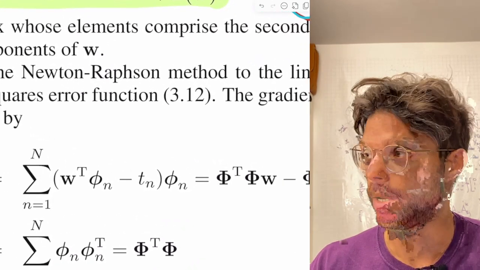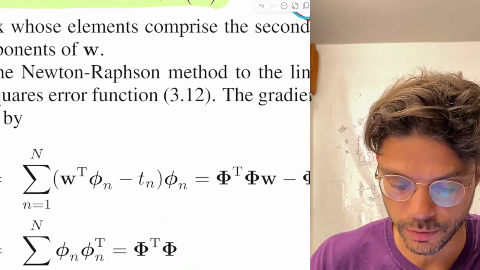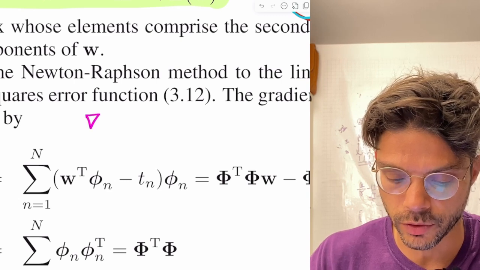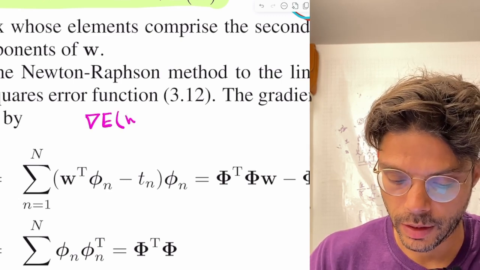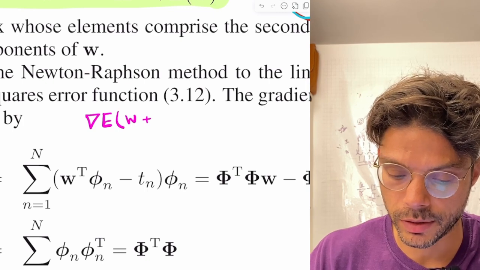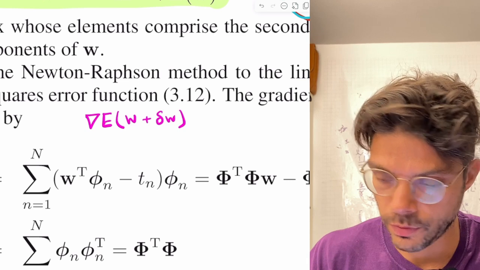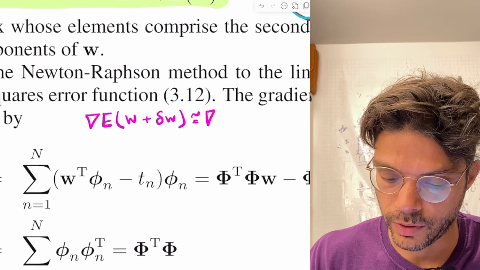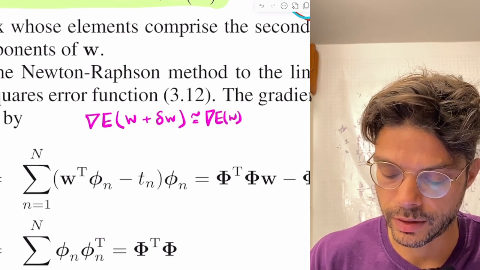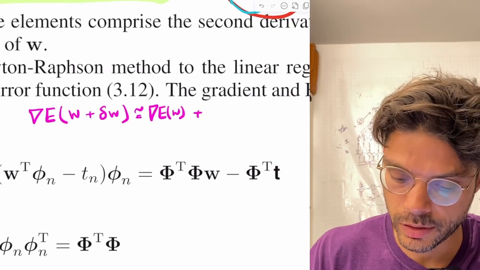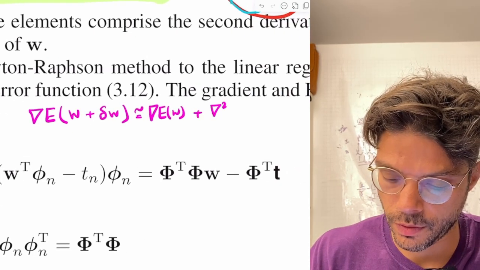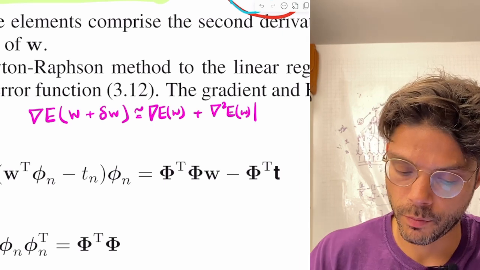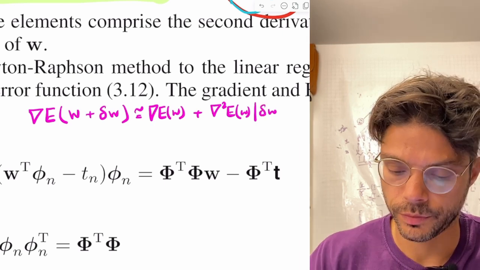The idea is, if you know about Taylor decomposition, a Taylor series. We're looking at the gradient of our function at some point w plus delta w, and we know that this is approximately equal to the gradient at w plus the curvature of E at w times delta w.